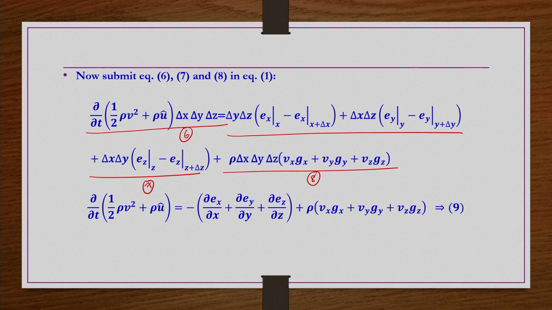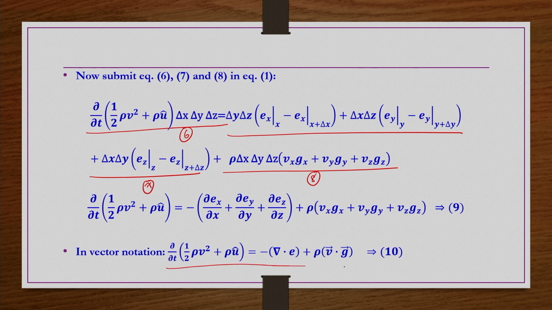The same equation in vectorial form: dou by dou t of half rho v square plus rho u tilde equals minus del dot E plus rho v dot g.